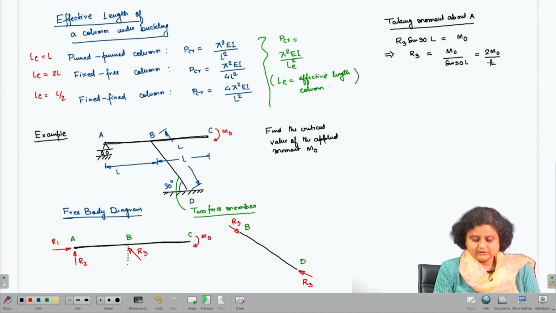Now, this is a pin joint, which I forgot to mention.